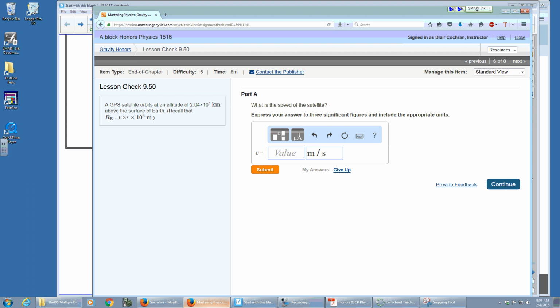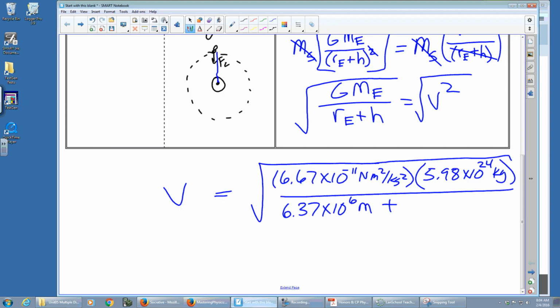Oh, there's 1,000 meters in a kilometer, so that would just increase it by 3. So 2.04 times 10 to the 7th meters. I'll solve for V, you solve for V, see if we get it right. Because in my head I converted from kilometers to meters.